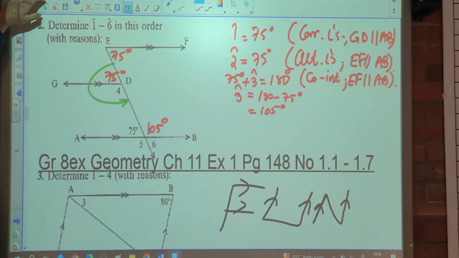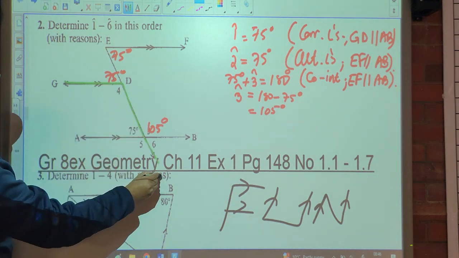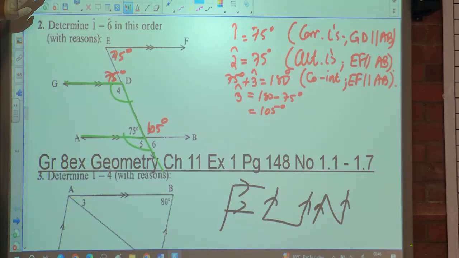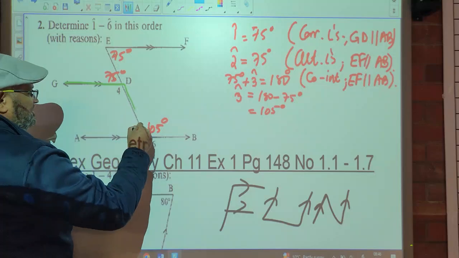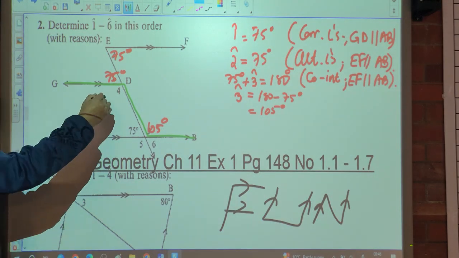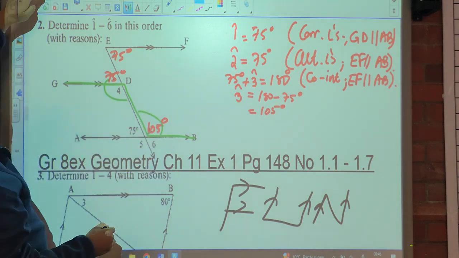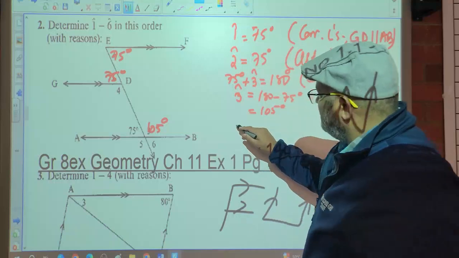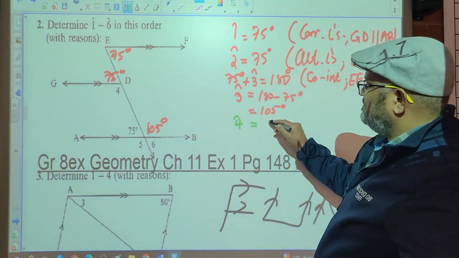Or corresponding, the F. But 4 is equal to 5. That's not going to help us. 5 is not marked yet. Co-interior, alternate, but no calculation needed there. You see that? So angle 4 plus 75 is 180, co-interior. So angle 4 is equal to 105.